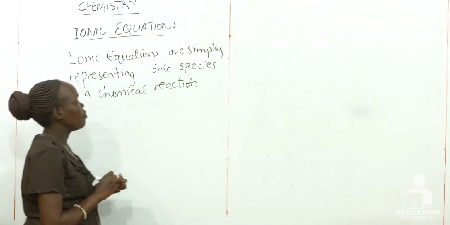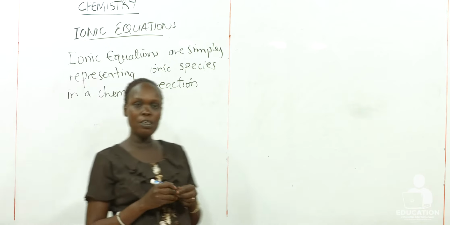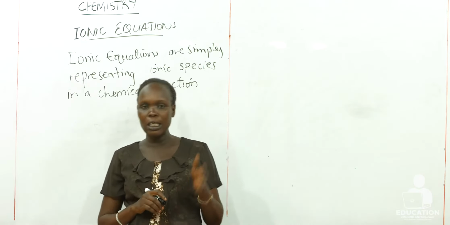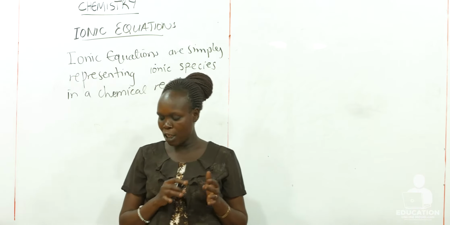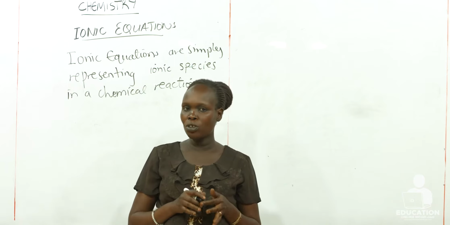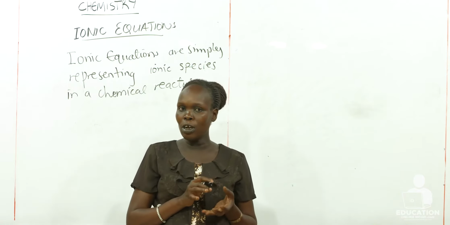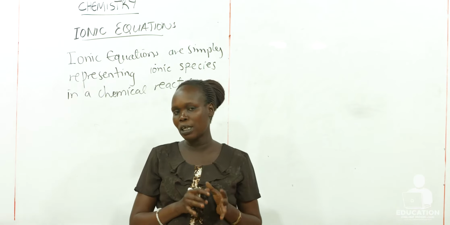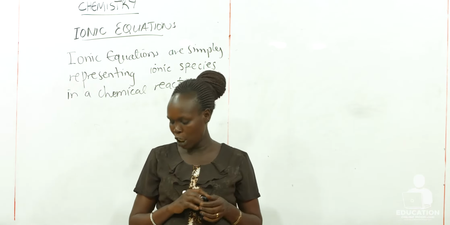Ionic equations are simply representing the ionic species in a chemical reaction, because in a chemical reaction you can have some reacting species as aqueous solution. When you dissolve this aqueous solution, they will dissociate into ions, and we call them ionic species.